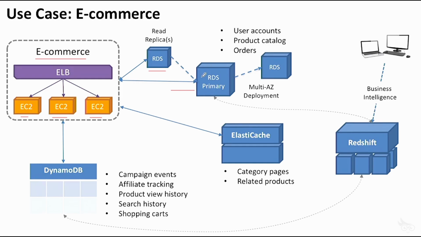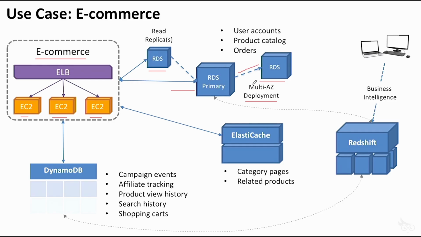We have RDS deployed in what we call a multi-AZ deployment, where the Amazon Relational Database Service handles the creation and management of the secondary standby for us. Amazon RDS also handles the failover in the case that our RDS primary is unreachable.